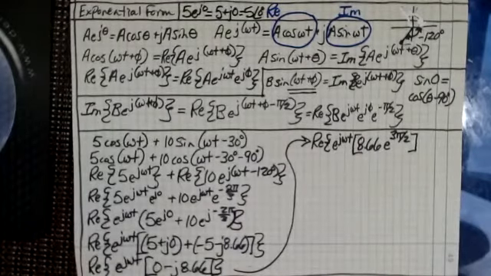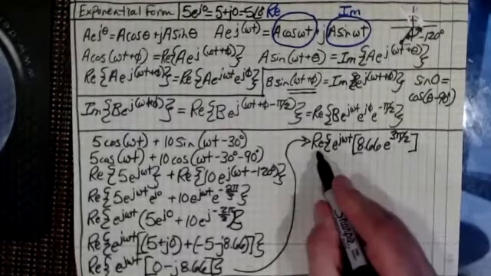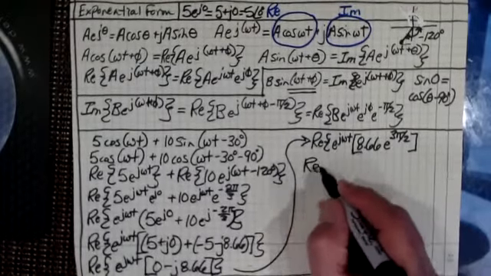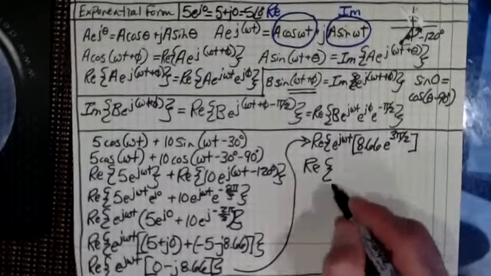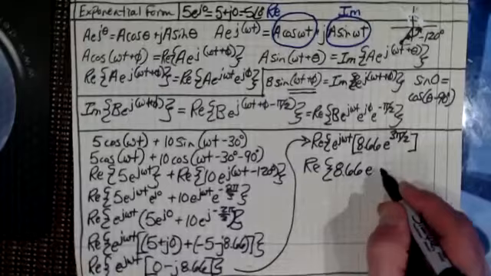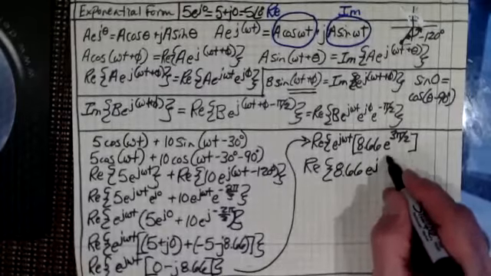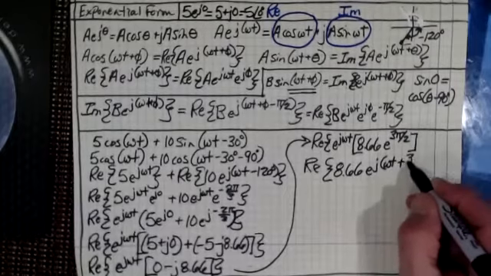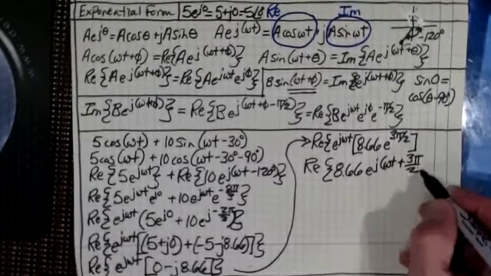And so let's rewrite this now, because we know it's the real part and we know it's that, and we've got this. So let's put it all together. We've got the real part of 8.66 e^(j(ωt + 3π/2)).